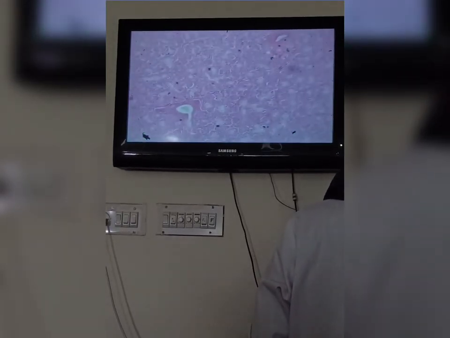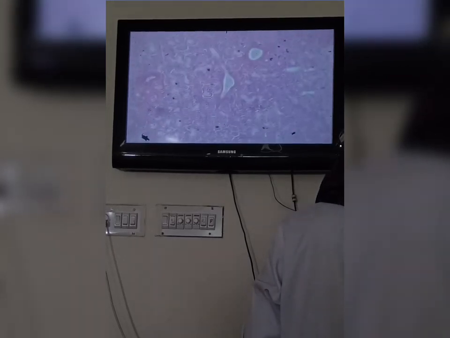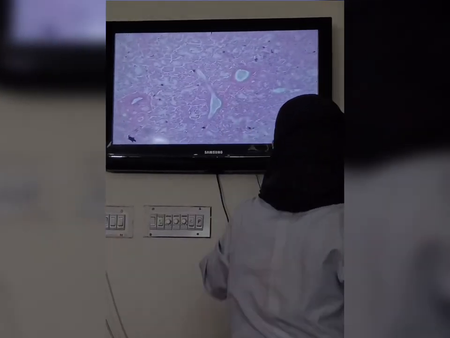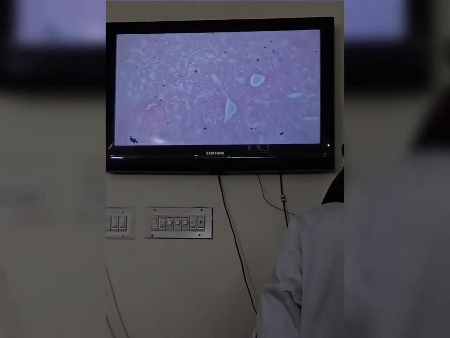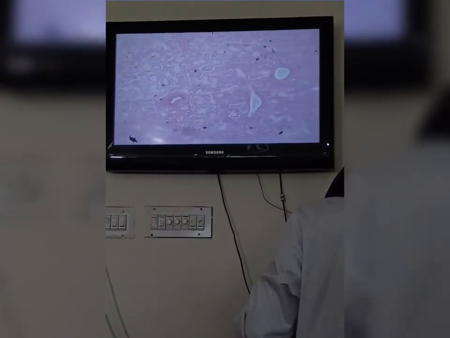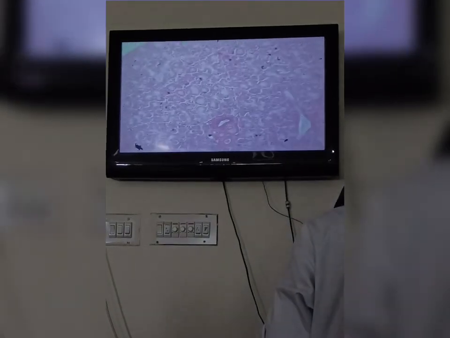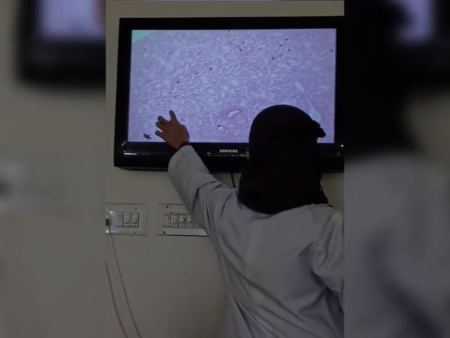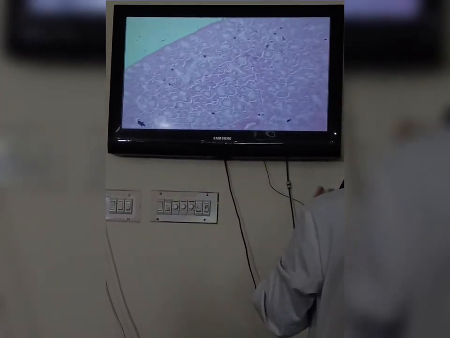This could be a duct with a clear lumen. Another duct you can see. Ducts are there because interlobar main sublingual ducts would be a part of it. And intervening, that could be a blood vessel if simple squamous epithelium is there. These thin streaks are the connective tissue septa, which are not well marked. So this is a slide of the sublingual gland.